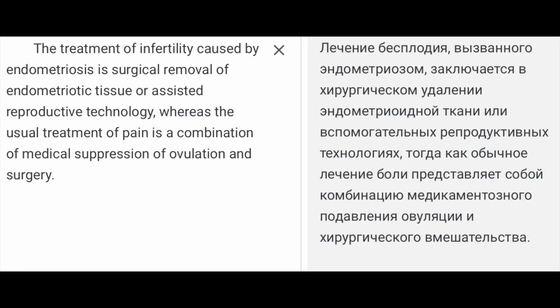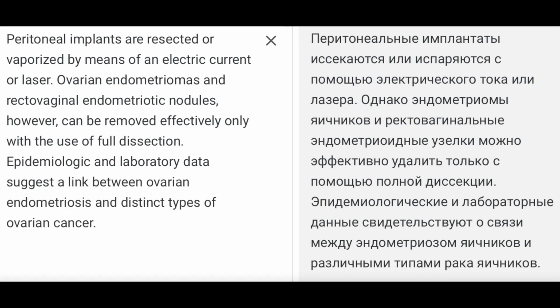The treatment of infertility caused by endometriosis is surgical removal of endometriotic tissue or assisted reproductive technology, whereas the usual treatment of pain is a combination of medical suppression of ovulation and surgery. Peritoneal implants are resected or vaporized by means of an electric current or laser.